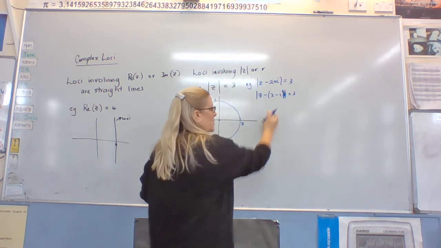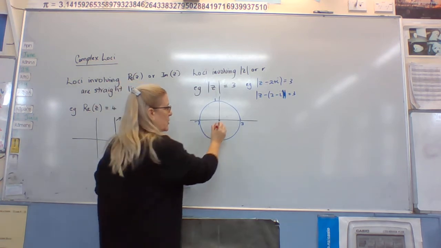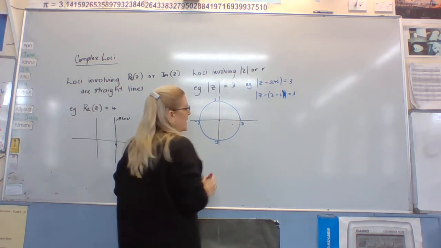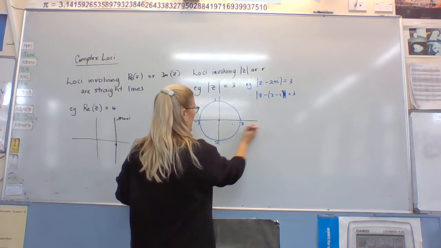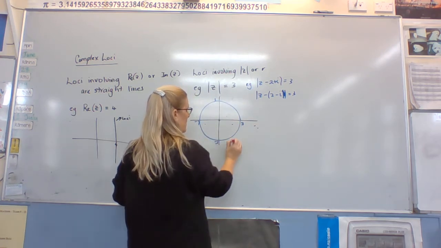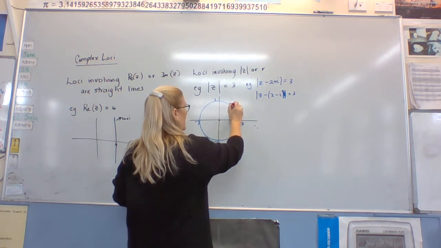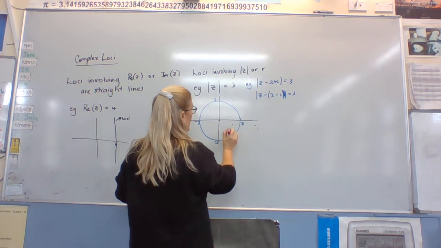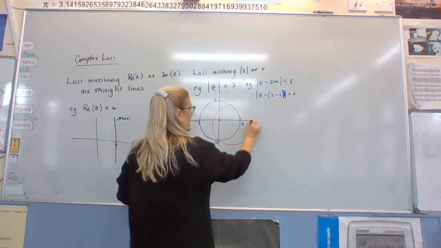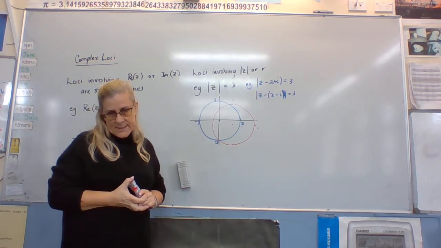So 2 minus i is where? 2 across, 1 down. Now we need the circle away from that. So 3, 3, 3, 3, 3. Something like that anyway. Same circle, because it's the same distance.